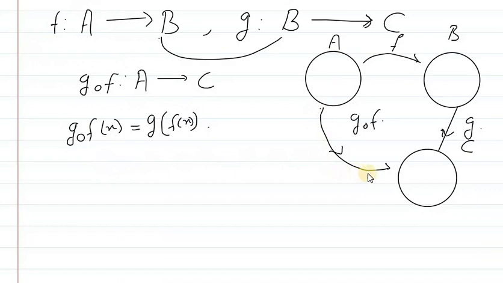So this will be clear from the examples, but pictorially you have to remember this set B. This B set is very important. This B set is the codomain of the first function and the domain of the second function, and they should be equal.